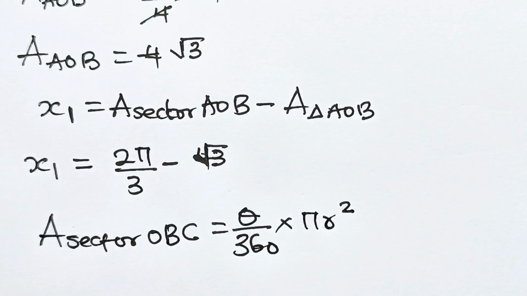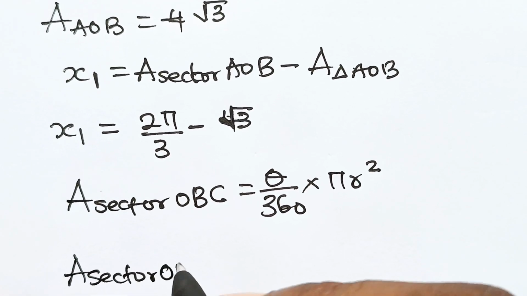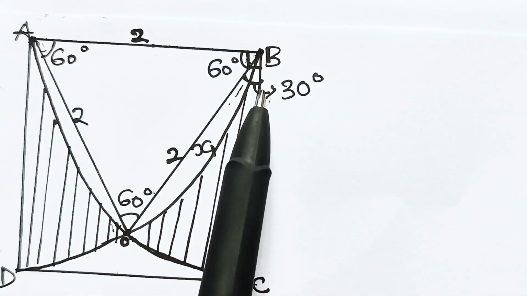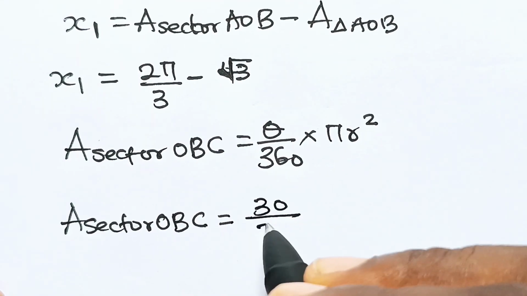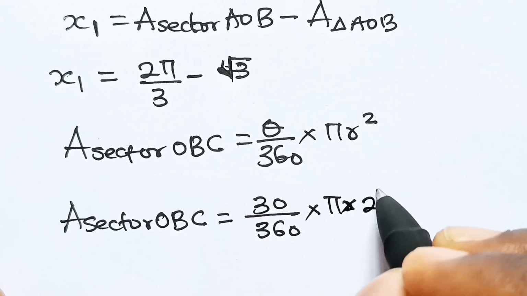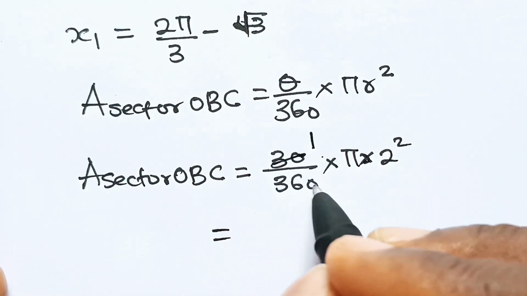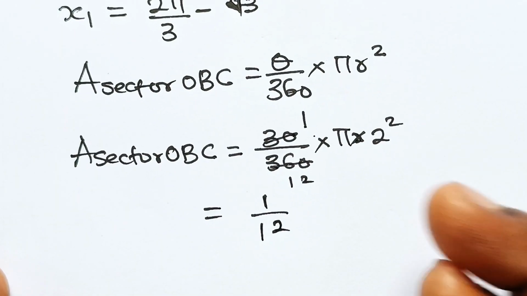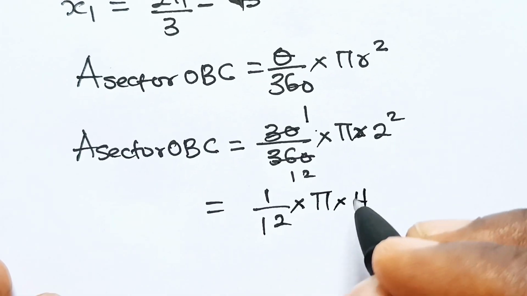Now, the area of sector OBC will be equal to, the theta is 30 degrees, so it's going to be 30 divided by 360 multiplied by pi, and our r is 2 squared. 30 will divide itself into 360 to give us 12, so we have 1 over 12, then multiplied by pi multiplied by 4.